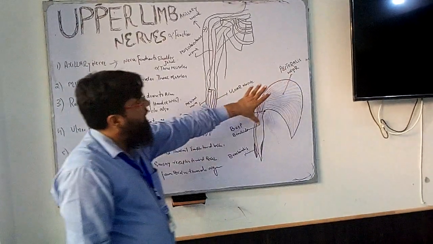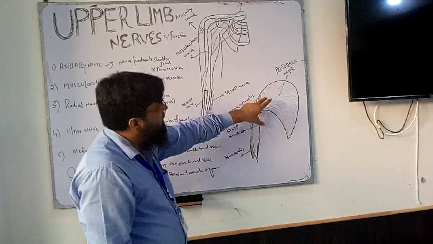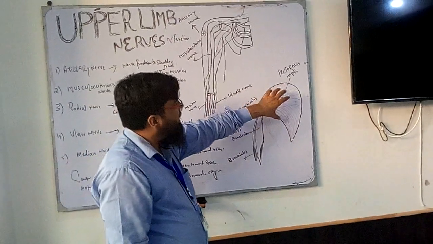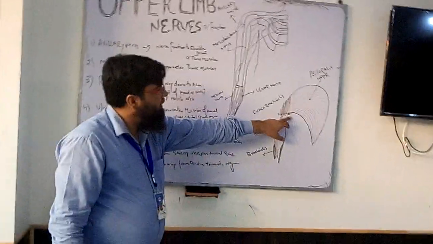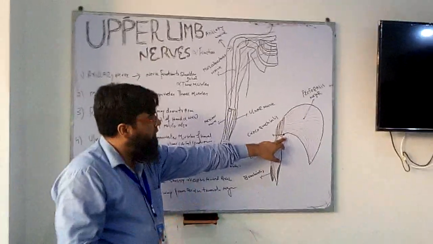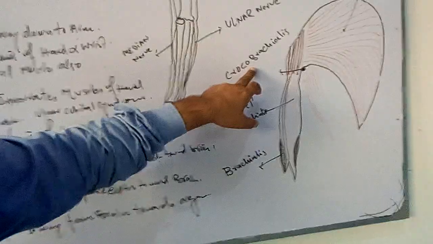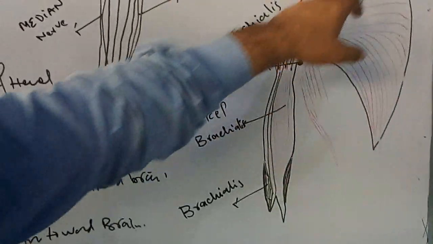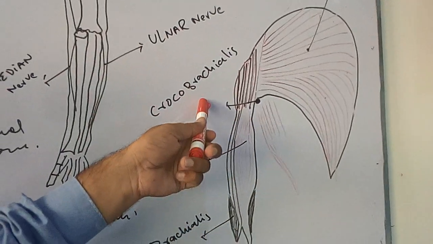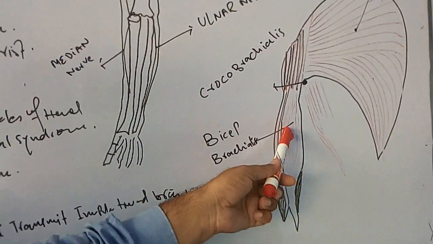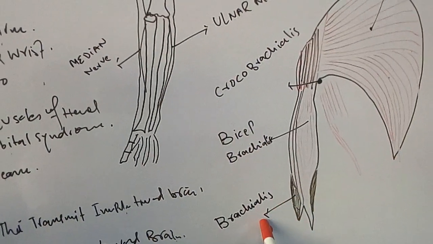Look at this diagram. This is the pectoralis major muscle of the shoulder. This one is called coracobrachialis, this muscle is called biceps brachii, and this muscle is called brachialis.